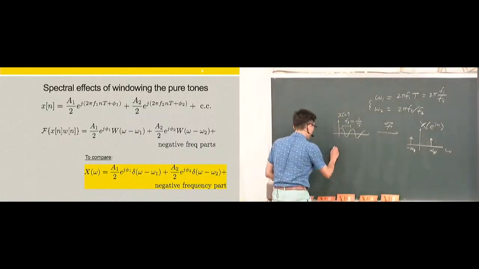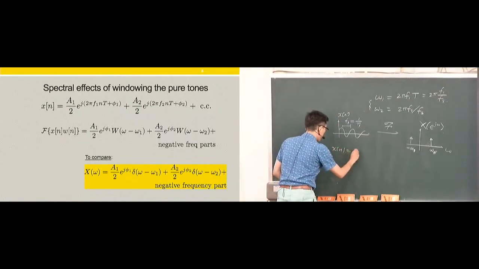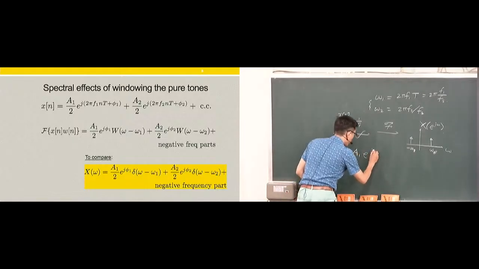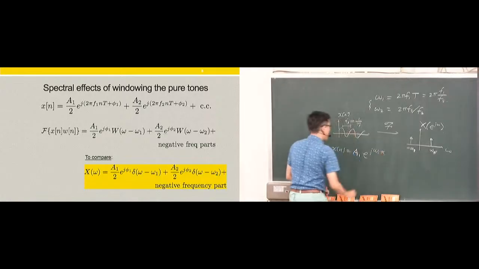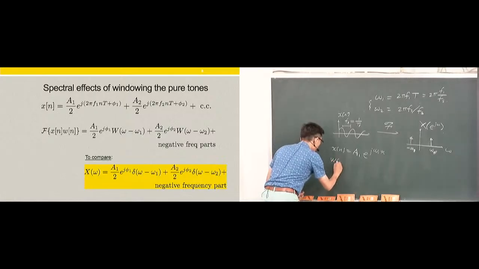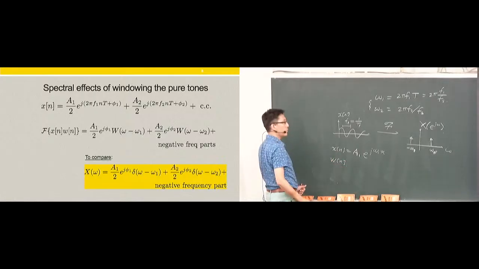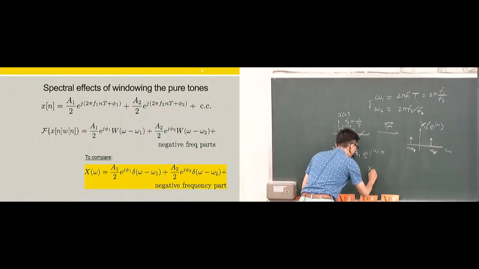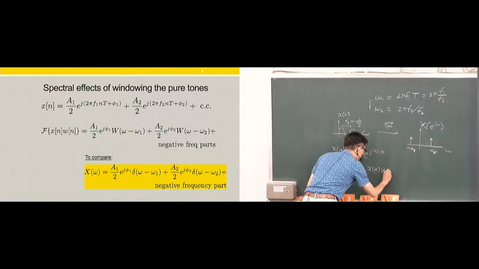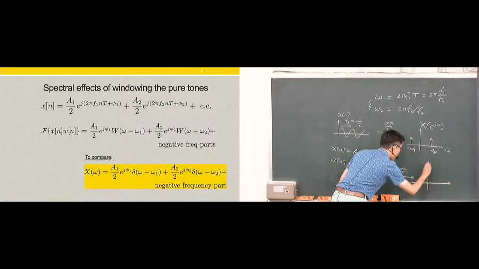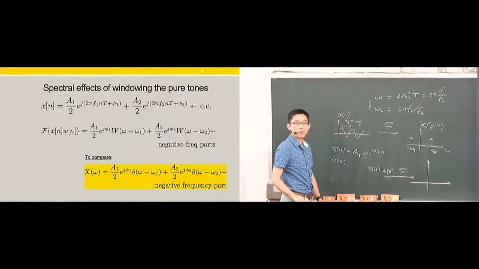So that is to say, if our signal x[n] is A1 e^{j omega 1 n}, and then we multiply our signal with a window function, then if you take the Fourier transform of x with a window, you expect to see a spectrum which also has two components.